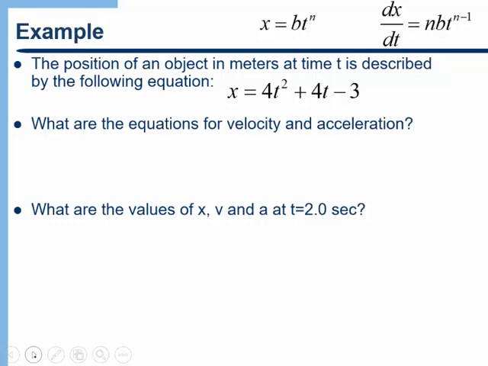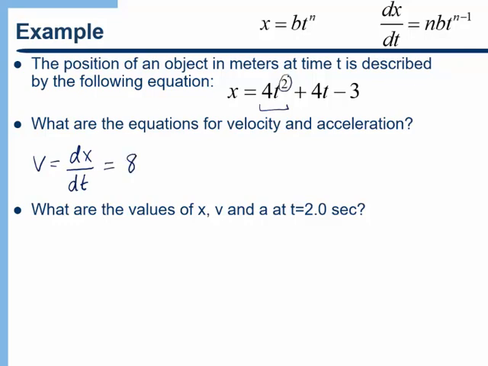The first thing we want to do is find the equations for the velocity and the acceleration. The instantaneous velocity is just the derivative of x with respect to t. And so I'm just going to go ahead and take the derivative of each term. So again here, I'm going to bring the 2 down in front, multiplied by the 4. So that gets me 8.